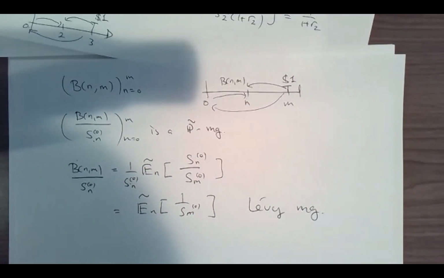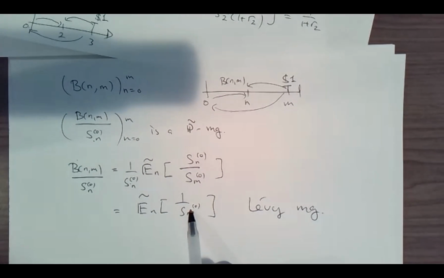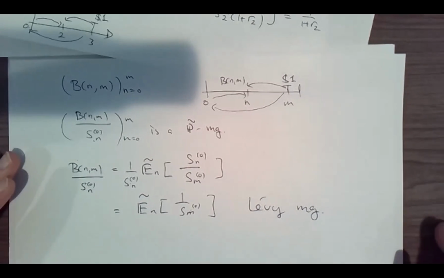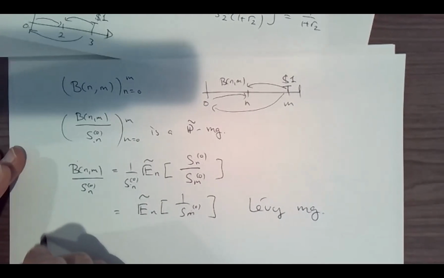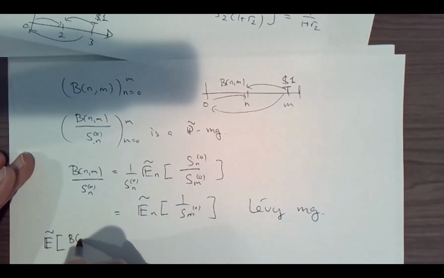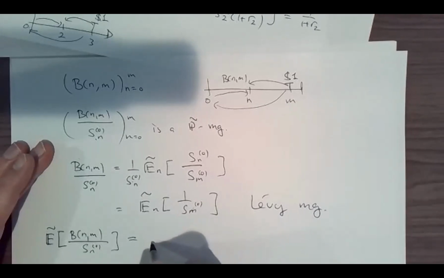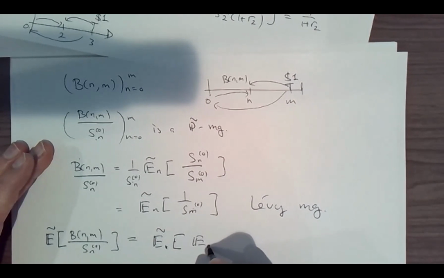Yeah, so the expansion of the second part could directly be equal to B03 divided by S00. Yeah, so if you are to compute the expectation of B0M divided by S0, this would be directly equal to the expectation, EN.